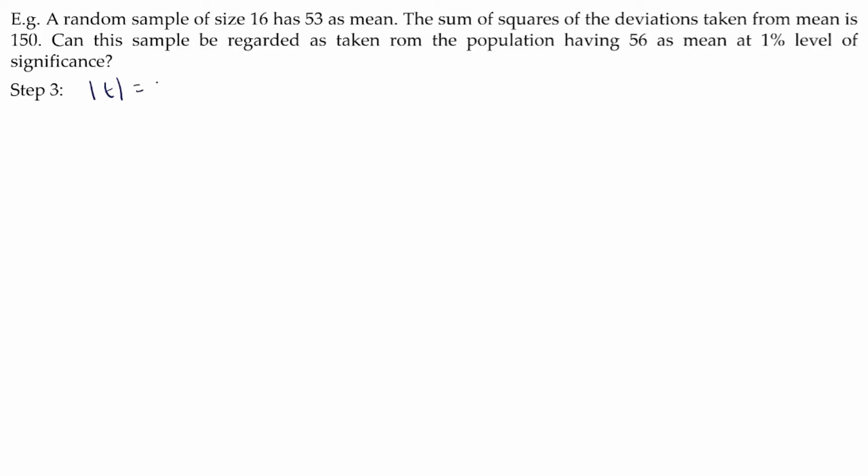Mod t is 3.8 and tabulated value is 2.947. So here we can see that mod t greater than the tabulated value.